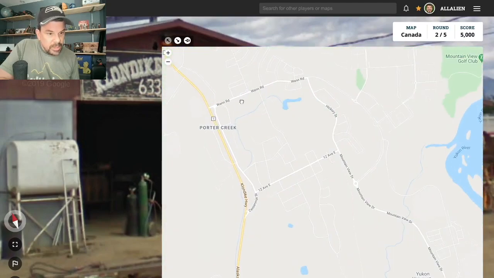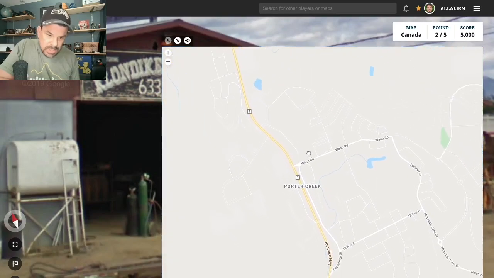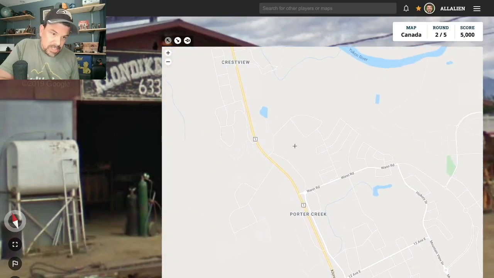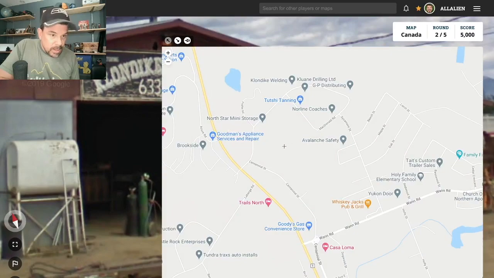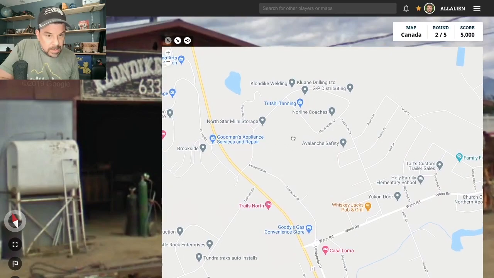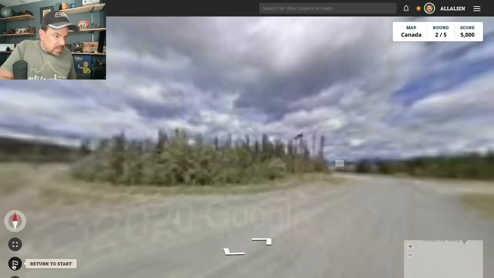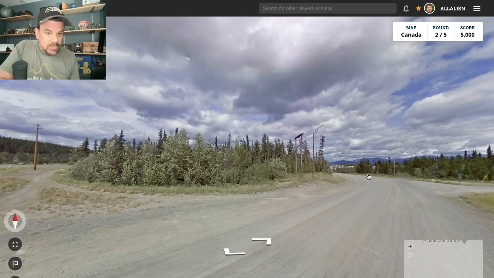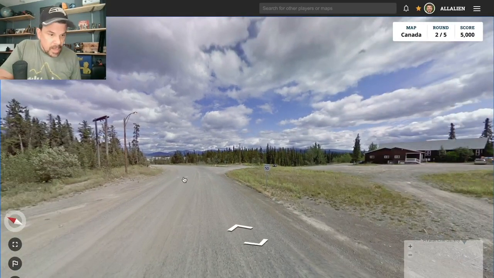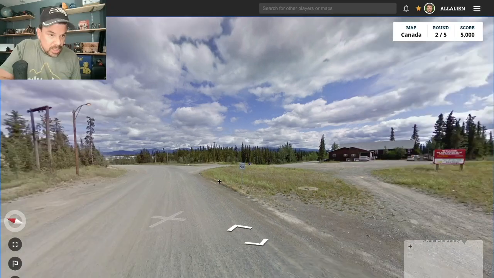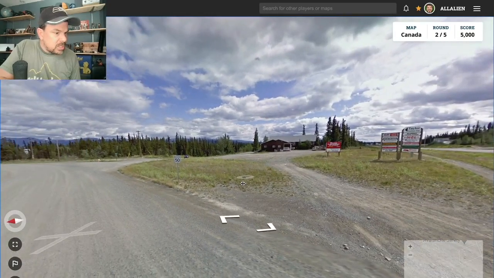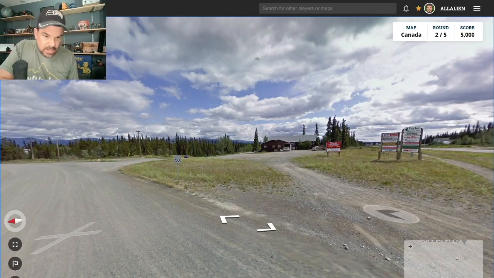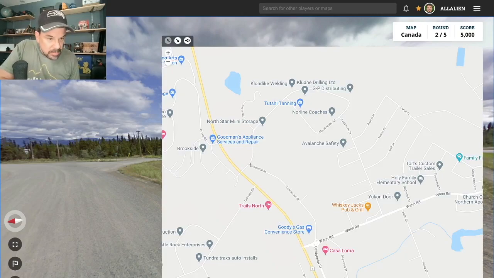Porter Creek. Oh, here's a Centennial Street, so that might be something. And here's McDonald. Okay, and there's Klondike Welding. So what was our original spot? So we're just on the outskirts of Whitehorse, folks, at the corner, just west of Centennial and McDonald.